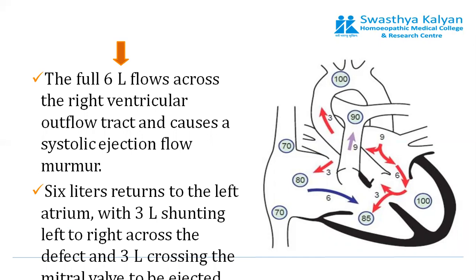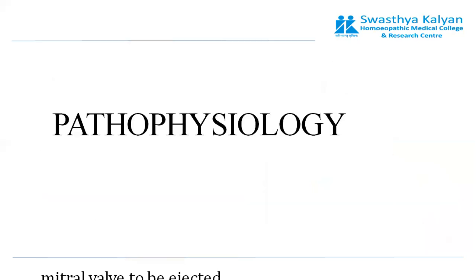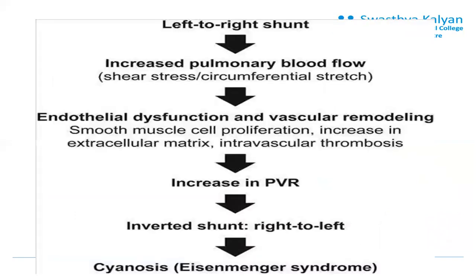Now this 6 liters returns to the left atrium, of which 3 liters would be shunted again to the right side, and the rest of the 3 liters would be ejected out through the mitral valve. From the standard pathophysiology, it is a left to right shunt.